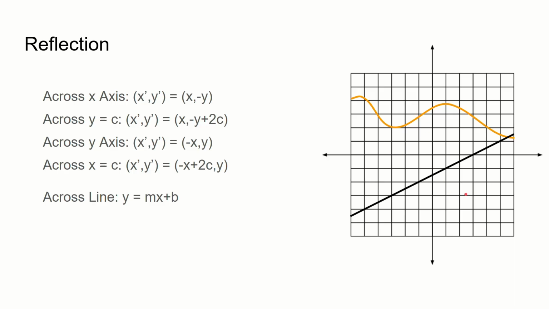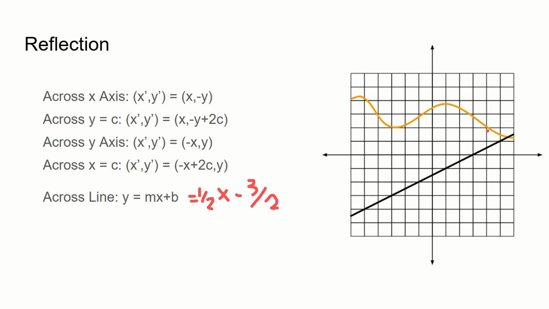Alright, so if we're just doing a random line, first let's find what the equation of this line is. So it looks like we go over 2 up 1, so it's going to have a slope of 1/2. And it looks like its y-intercept is -3/2. And so we have to reflect this set of points around the line 1/2 x minus 3/2.